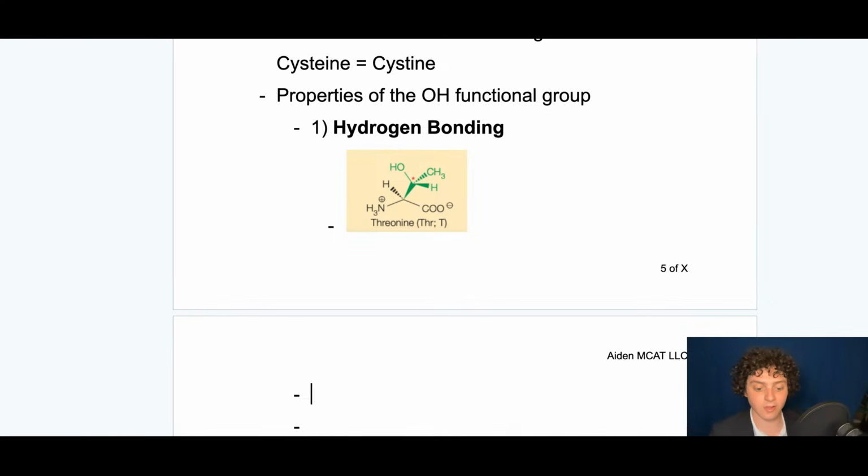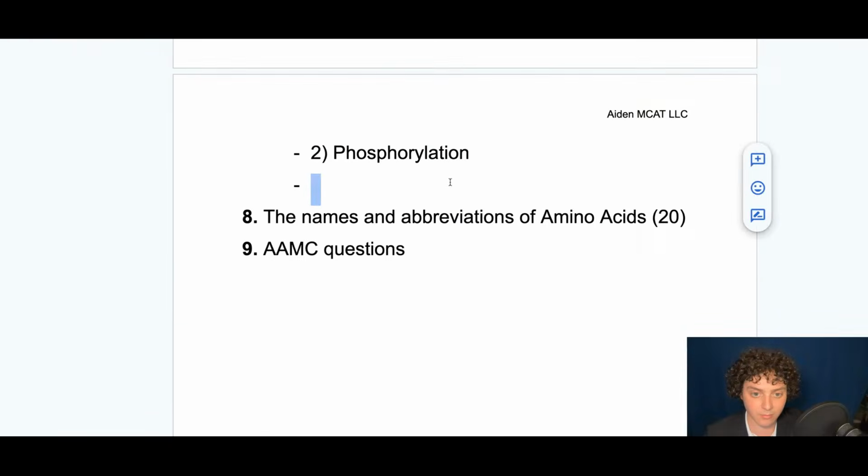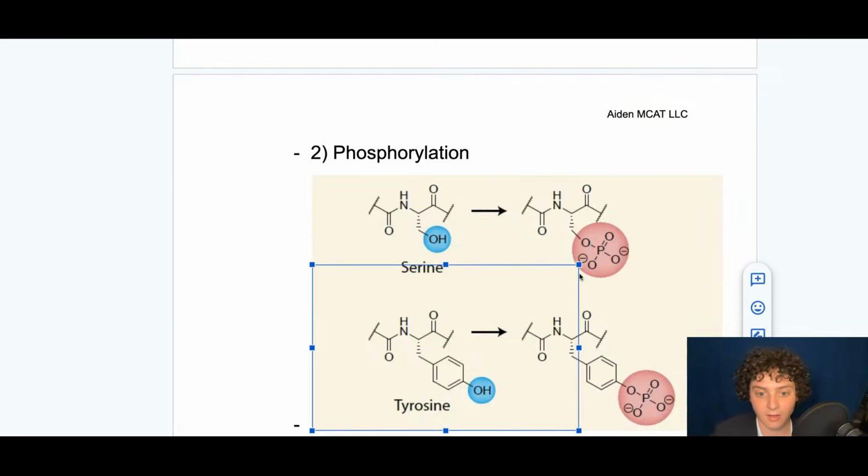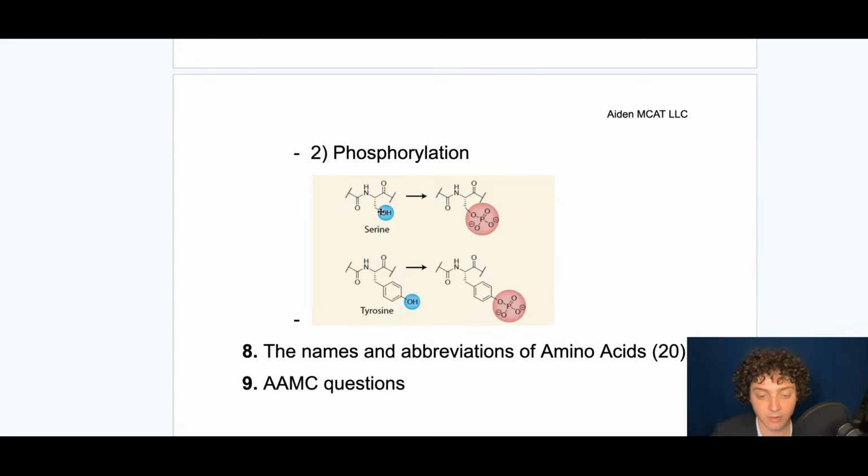Another property of the OH functional group is phosphorylation. I'm going to paste this image that I just searched up on Google Images of the phosphorylation of two OH-containing amino acids. This first one is serine, which has the R group of just OH, and the second one is tyrosine, which has the R group of a 6-carbon conjugated ring, aka an aromatic ring, and then its OH group.